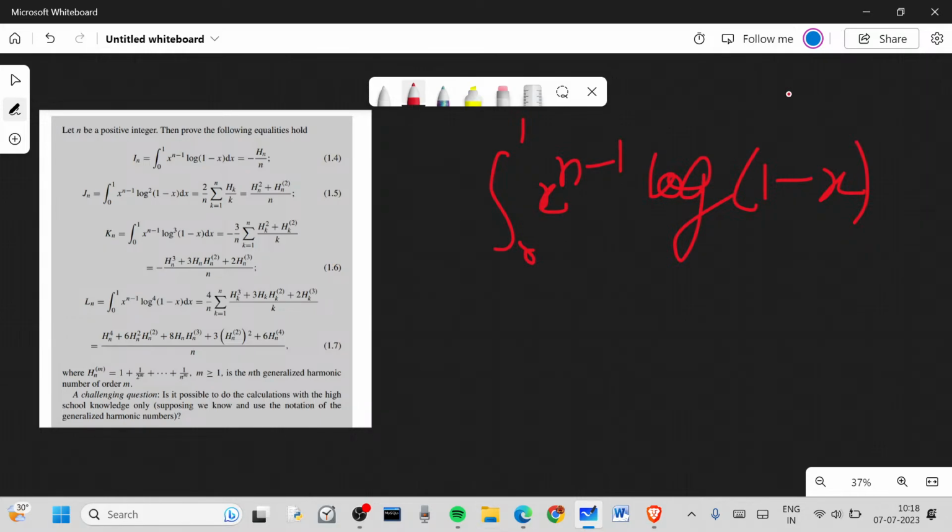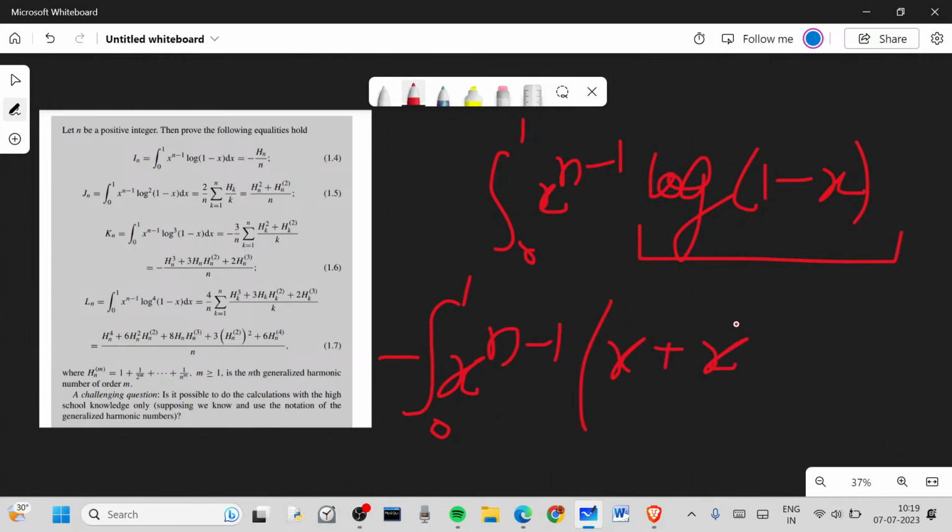What we can do, I guess, is apply the series of this: x^(n-1), with a minus outside, and the series is x plus x squared by 2 plus x cubed by 3, and it goes on till infinity.